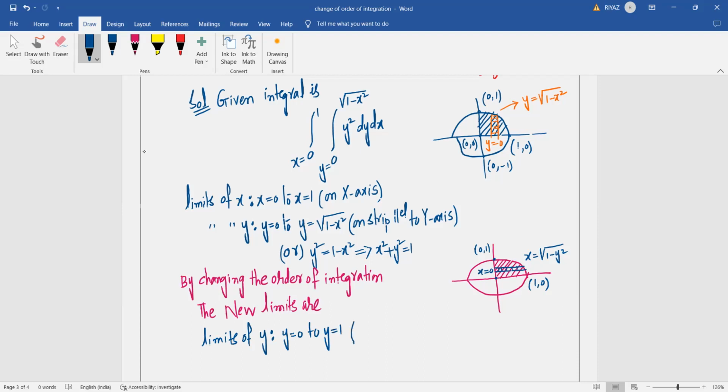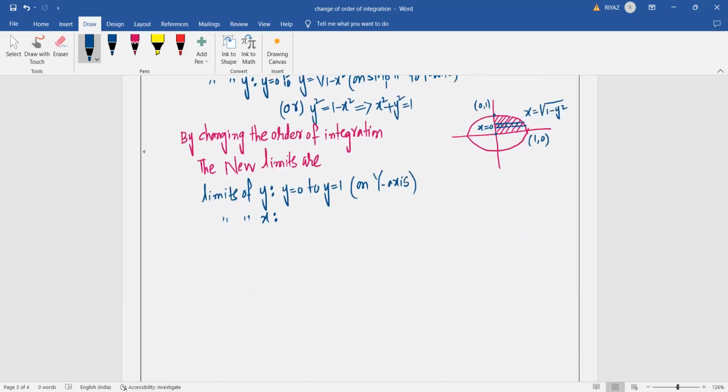This is on the y-axis, quite opposite. X-axis is there, so y-axis. Limits of x: x is equal to 0 to x is equal to root 1 minus y square, for the strip parallel to the x-axis. Very good.